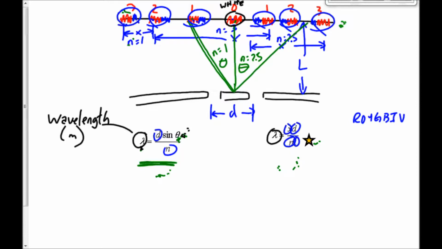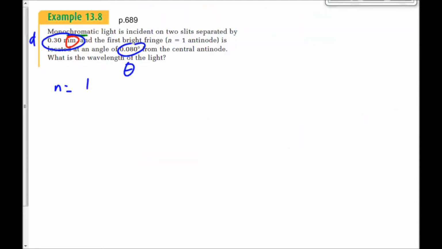We would say n is equal to 2. I just don't like the way they're saying that, so don't pay any attention to it. Just look at the fact that it says it's the first antinode, the first bright spot. If we're dealing with the central and the first, then 1 minus 0 is equal to 1. That make sense? All right, so n is equal to 1.